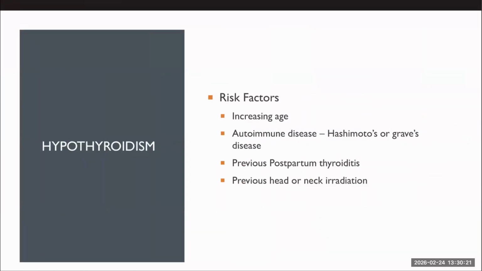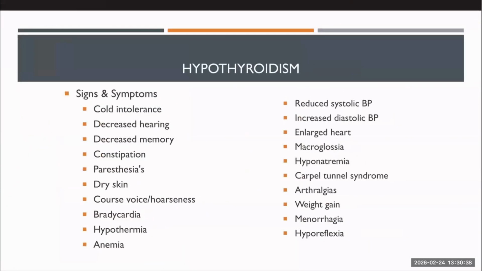Risk factors for hypo, increasing age, autoimmune disease, your Hashimoto's or Graves. Previous postpartum thyroiditis. And again, as always, any type of radiation to the neck are risk factors. Signs and symptoms, again, I'm not going to go through all of them.